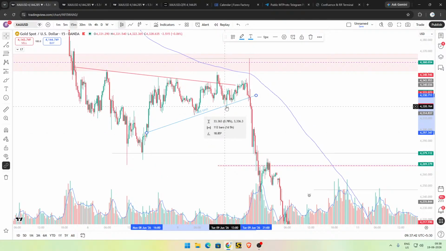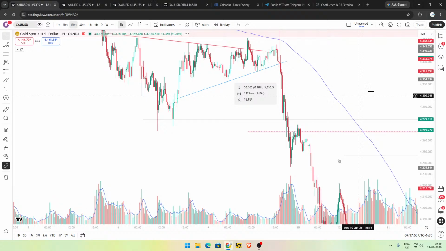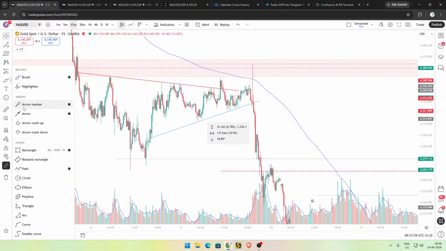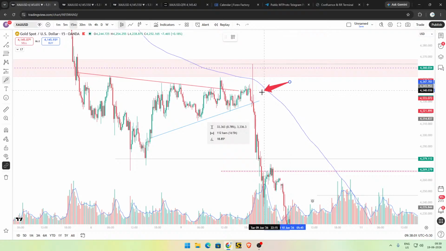One touch, two touch, three touch, and see, it took the liquidity. If you are entering early, you are wiped out in this game. But if you are entering after the wiping out, then you would have earned a lot of money. So let's mark this one and I will tell again later.